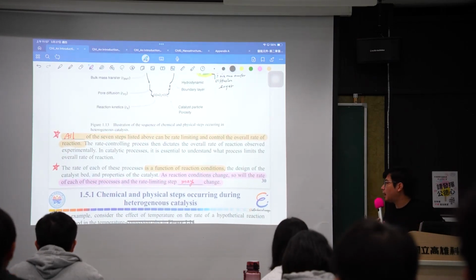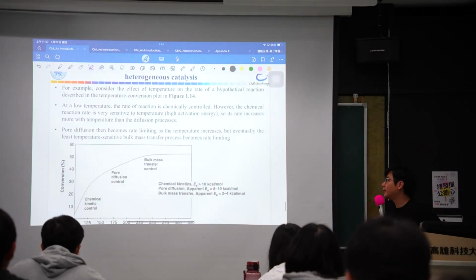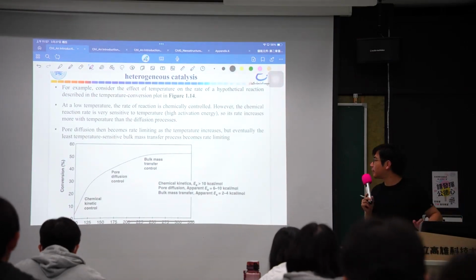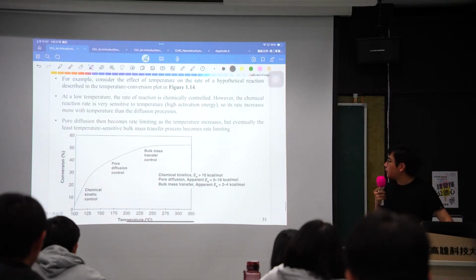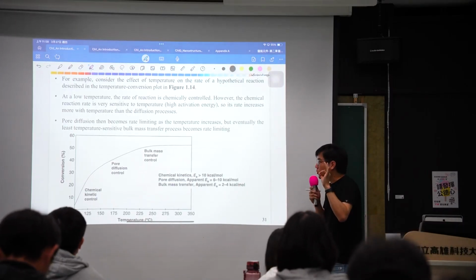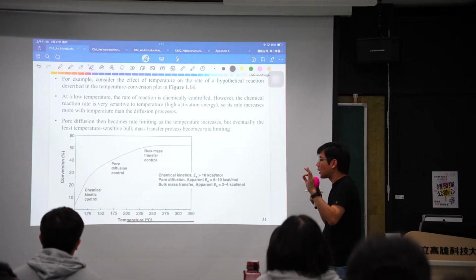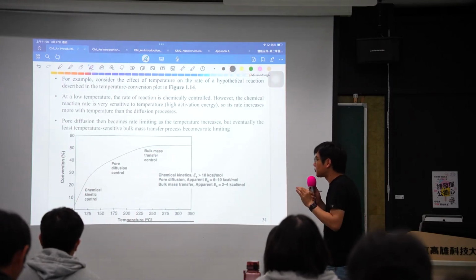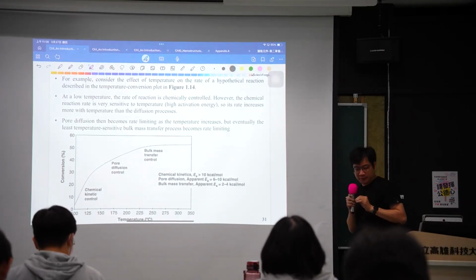This is a more in-depth explanation. Okay, so this figure is a very detailed explanation of under what conditions kinetics control, pore diffusion control, and bulk control apply. Okay, I will explain that to you.